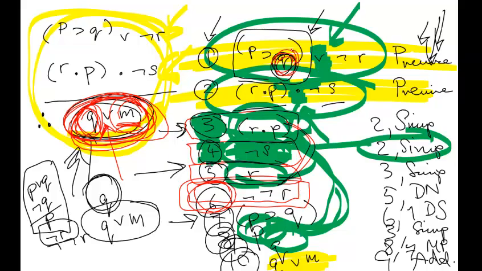It says if P then Q or not R. So if I can show that not R is not the case, then P then Q must be the case. If P then Q must be the case, and I've got P, then I can conclude Q, then I've got Q or M by the rule of addition.